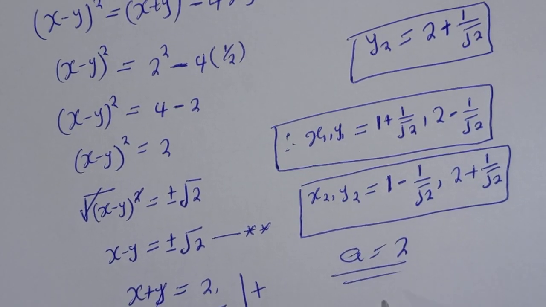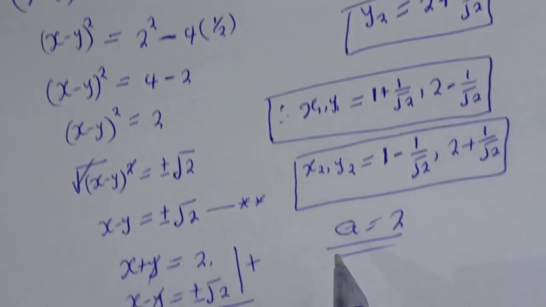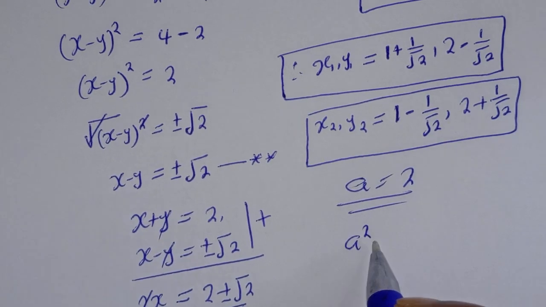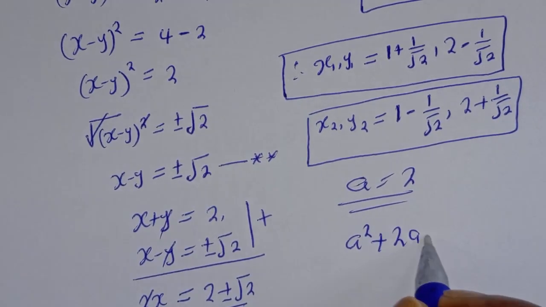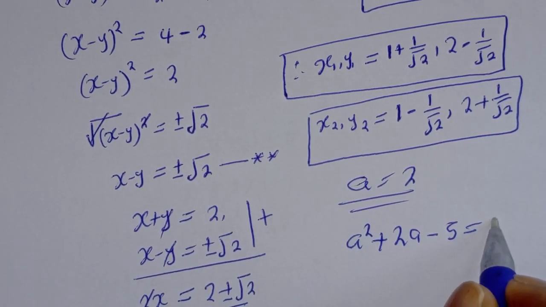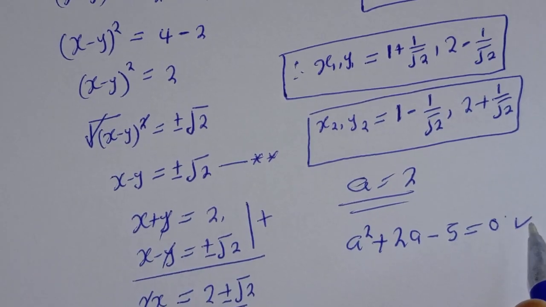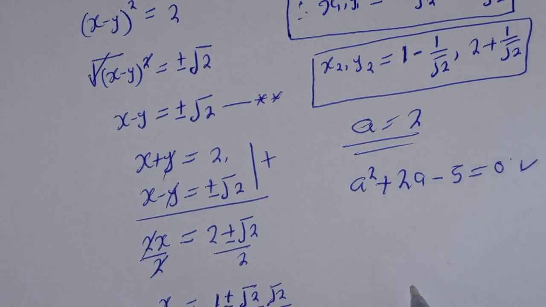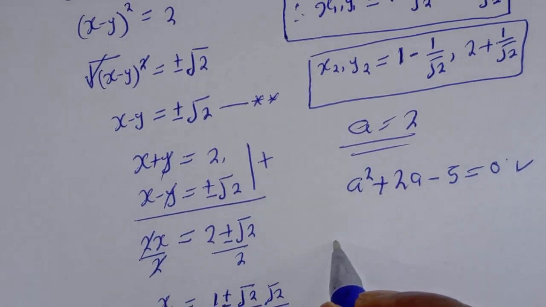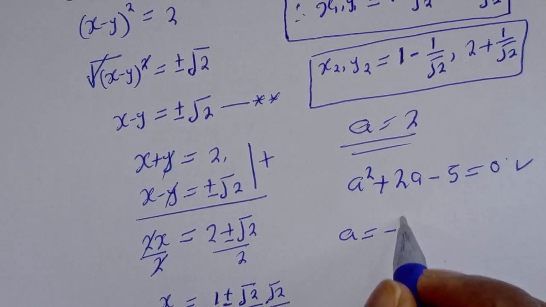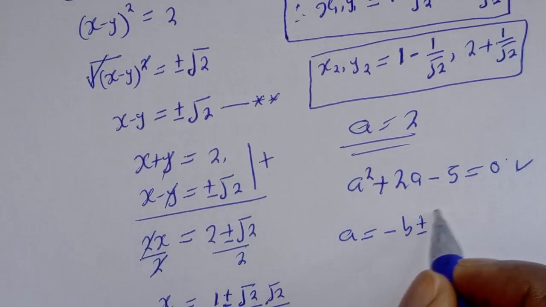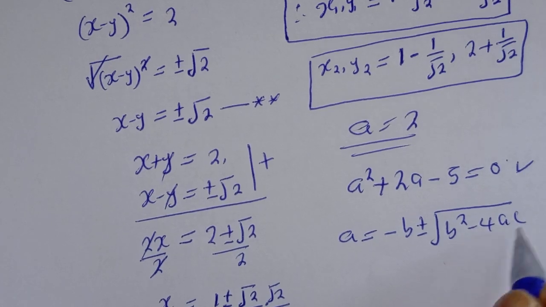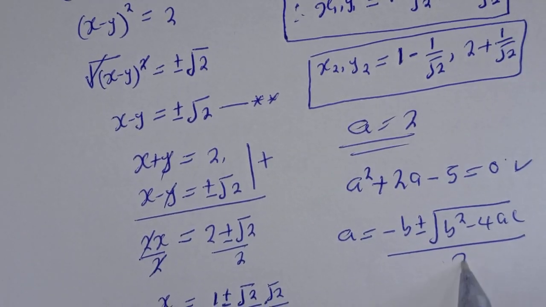Now let's consider the second case, which is a squared plus 2a minus 5 equal to 0. This is a quadratic equation. Then we can solve this using the quadratic general formula. Our quadratic general formula gives us a is equal to minus b plus or minus square root of b squared minus 4ac over 2a.